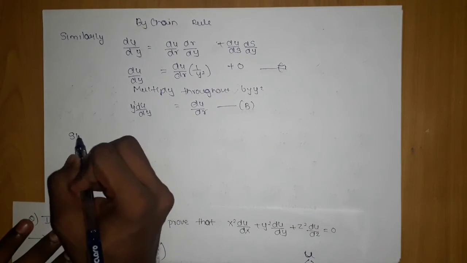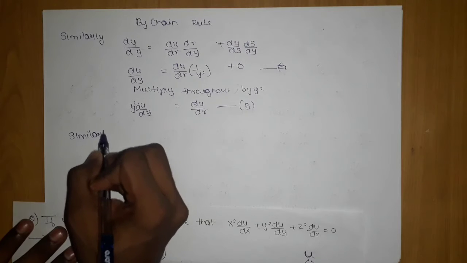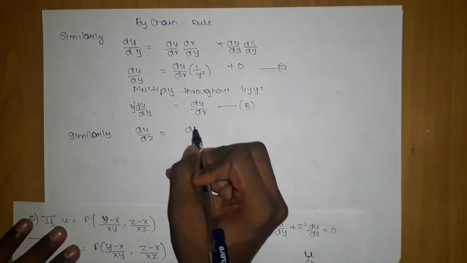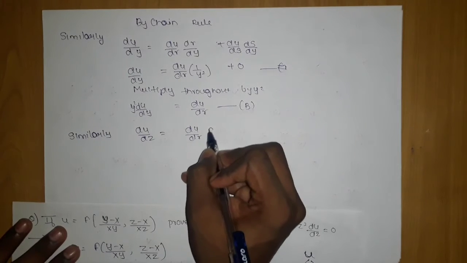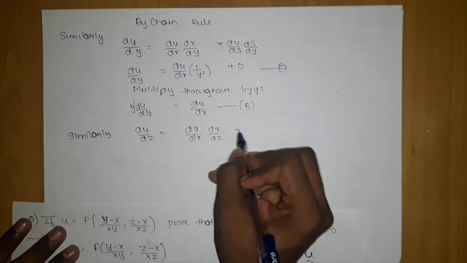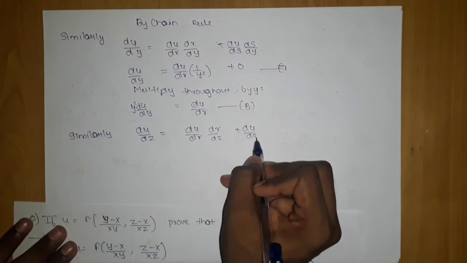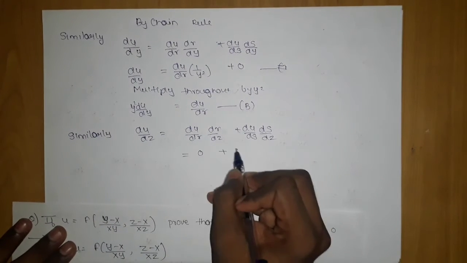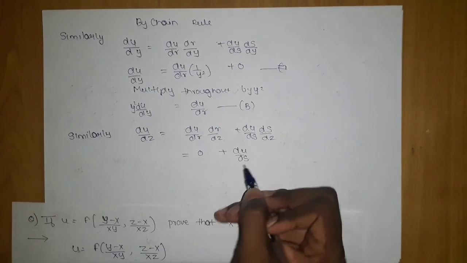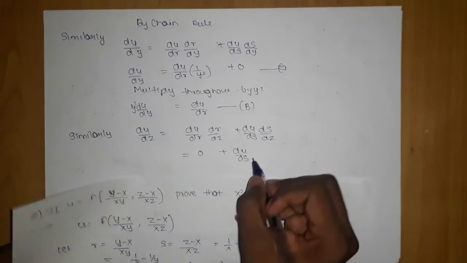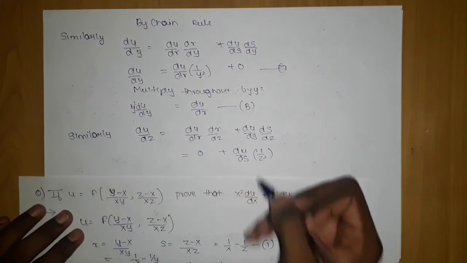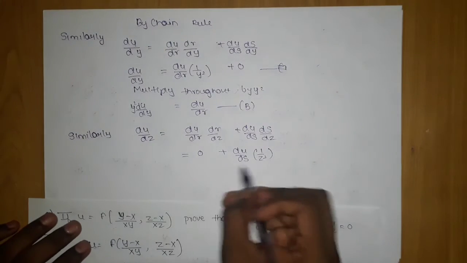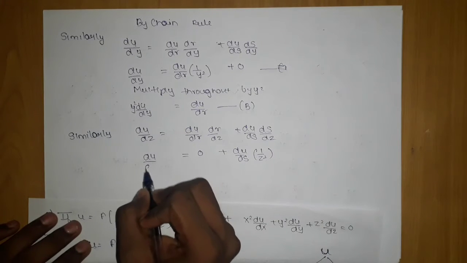Similarly, dou u by dou z is dou u by dou r into dou r by dou z plus dou u by dou s into dou s by dou z. I know this value is 0. If I differentiate this value, I am going to get 1 by z square.